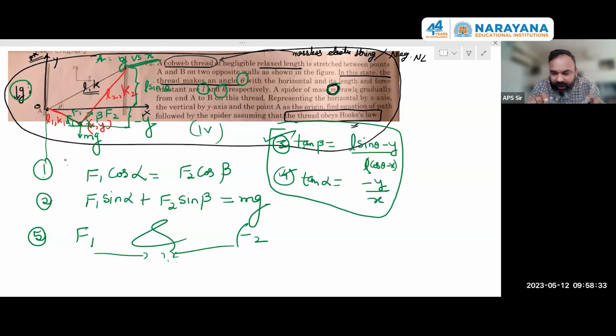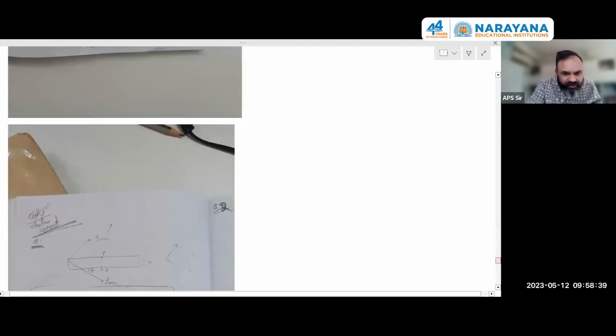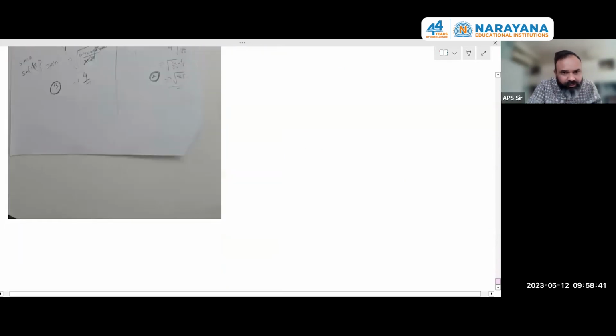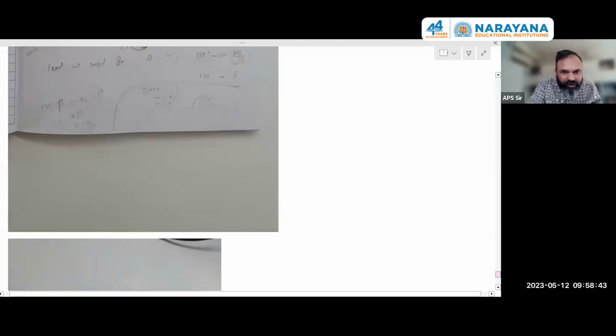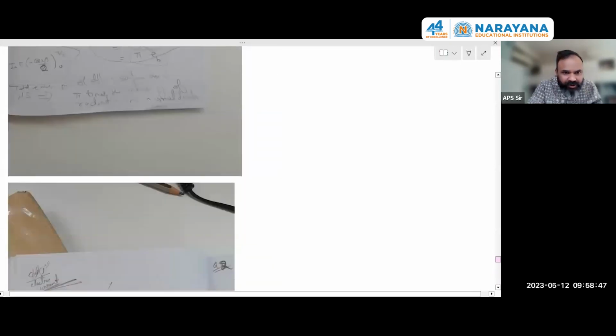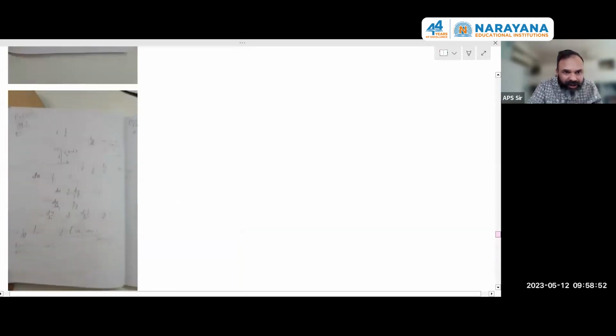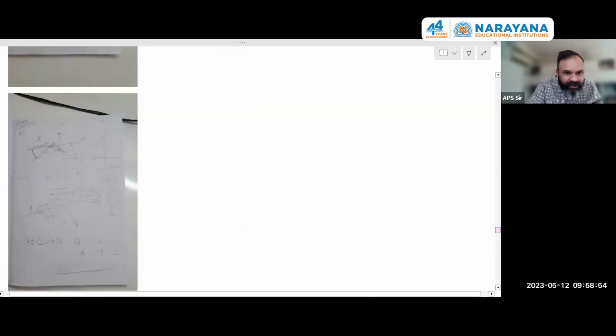Now I'll just show you the calculation here, because I've scribbled something to help you out instead of solving it slowly. I'll go through the solution immediately so that you can understand that small calculation. If I have some scribbled content here, maybe I can complete it, because that is a lengthy calculation.